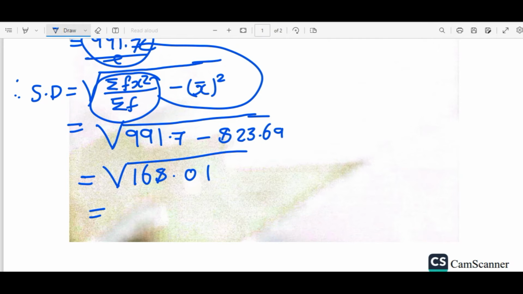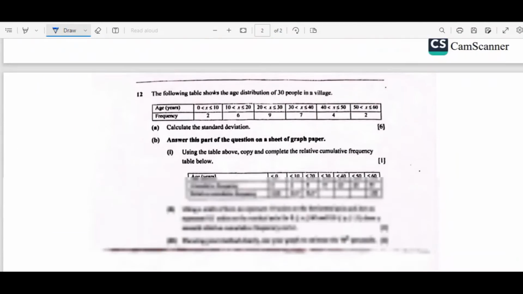Then the square root of this number, I'm getting 12.96, which, if we round this off, will give us 13.0. So this is my final answer, if let's say I have not made a mistake. So now after we are done, we can move on to the other question.